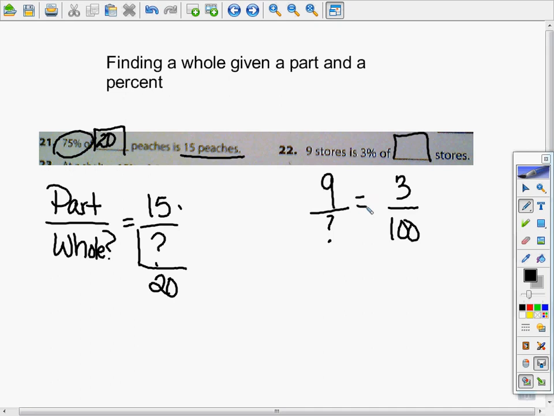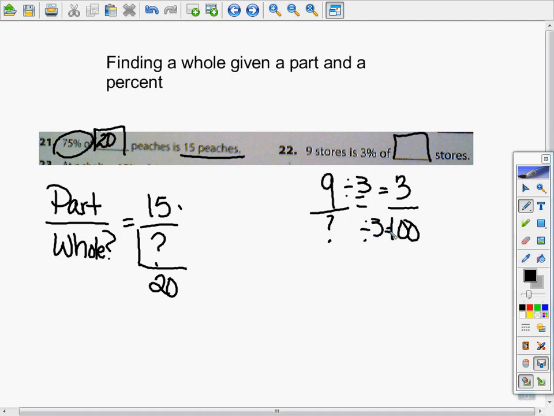There we go. I'm going to ask myself, how do you get from 9 to 3? Divide by 3, you get 3. And something divided by 3 is 100.